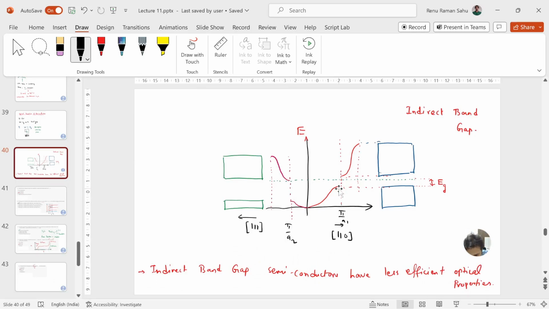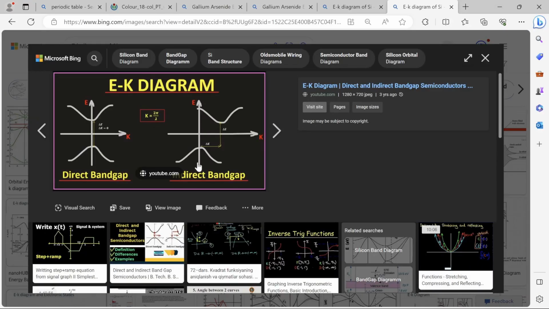From here, if I go up, the next nearest energy band is not at the same k value, it is at a different k value. What is an indirect band gap semiconductor?